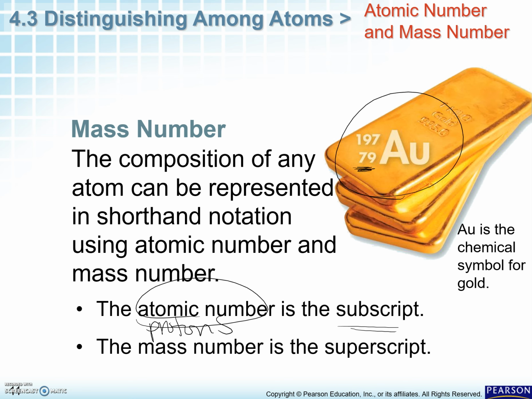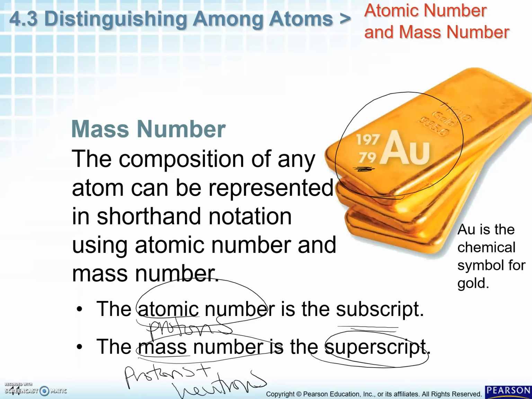That tells you your atomic number. Whereas your mass number, remember, that's the number of protons and neutrons, is going to be a superscript. And I like to think of Superman, how he's always higher. So our superscript is going to be higher, and you can see that in our picture here with 197.